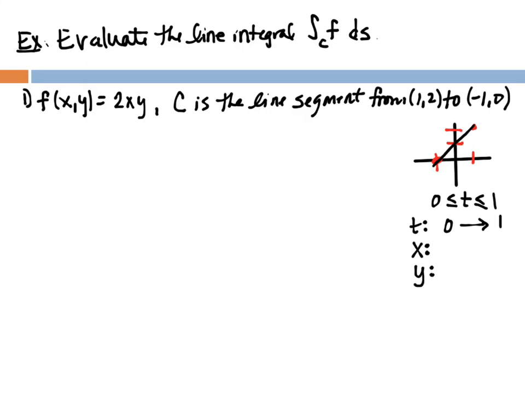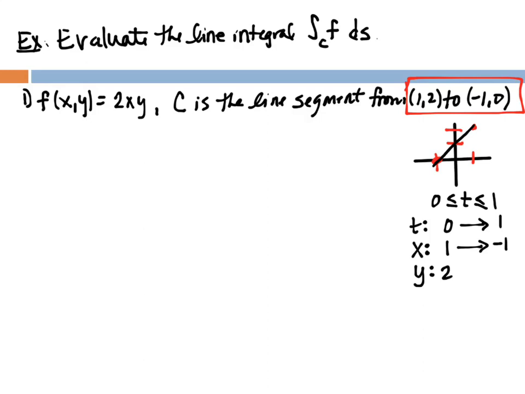What value does x start at? It starts at 1, and it goes to negative 1. And the directional sense right there is what we're describing at this particular point. What is y's mapping?